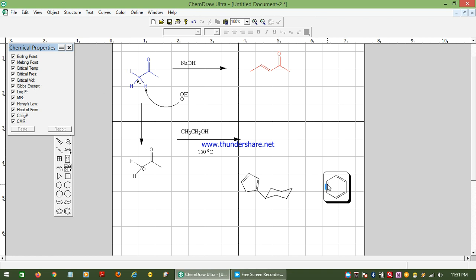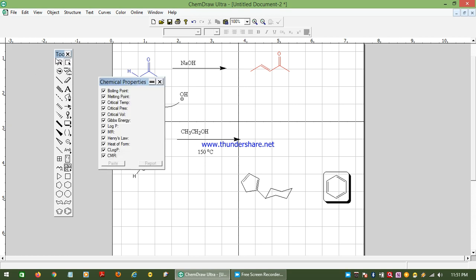For example, if you click on this particular molecule, or this one, we'll get this boiling point, Kelvin, melting point.